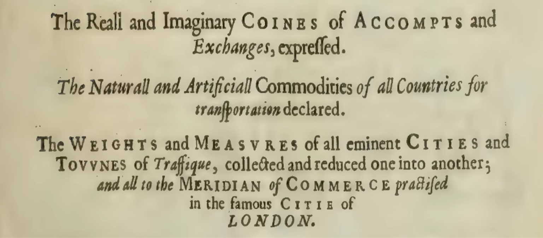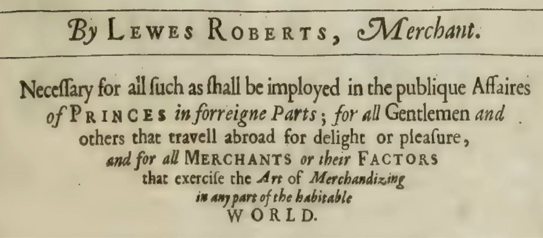We're just going to quickly look at this naming of these bodies of water, focusing on one body of water specifically. And this book was written by Louis Robert, who is identified as a merchant. These people were truly full of themselves.